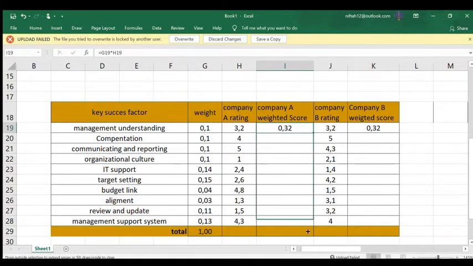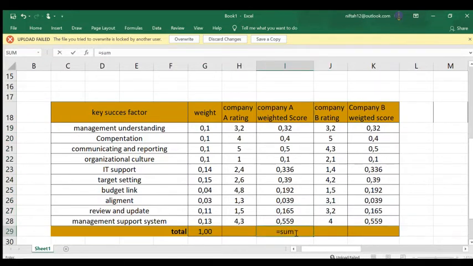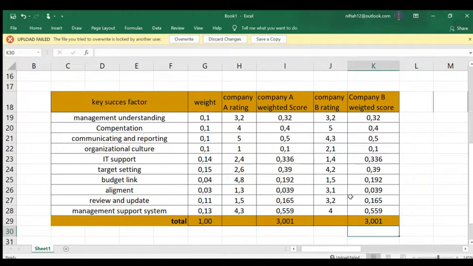After that, sum the weighted scores. Okay, it's the same.